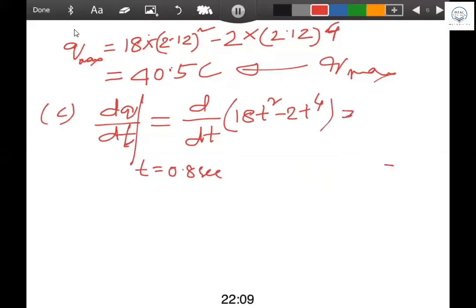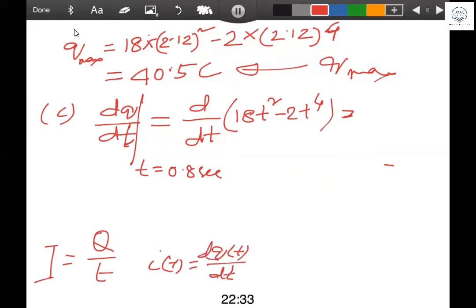By definition, rate of charge is, remember last class we told you, q by t. What is that? Current, I. This is I in the static case. If it is a time varying case, then it is i(t), and q(t), all small letters, remember. dq(t) by dt is the rate of change, that means q1 minus q2 by t1 minus t2, like delta q by delta t.